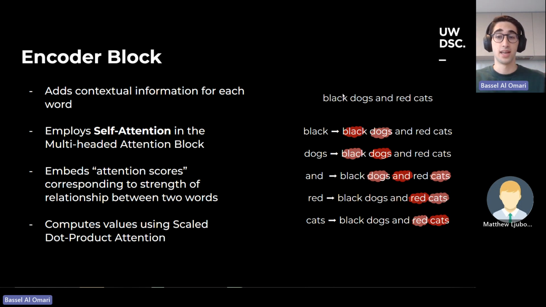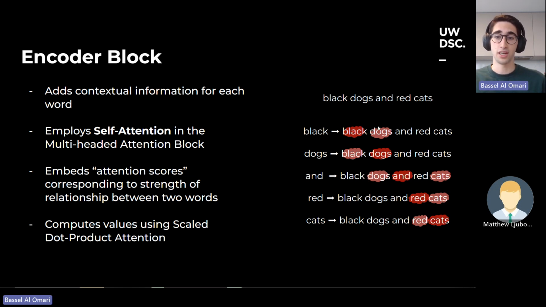Let's take the sentence, black dogs and red cats. If we look at the first word, just the word black, we notice that it's pretty related to dogs since it's the adjective that's describing dogs, but it's not really related to cats or red or and, it's mainly being used to describe dogs.